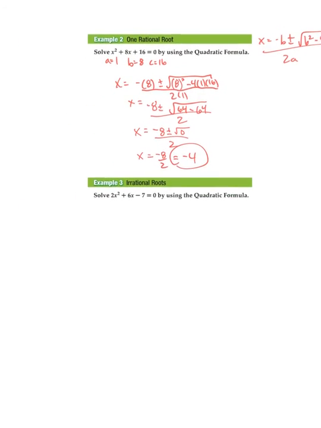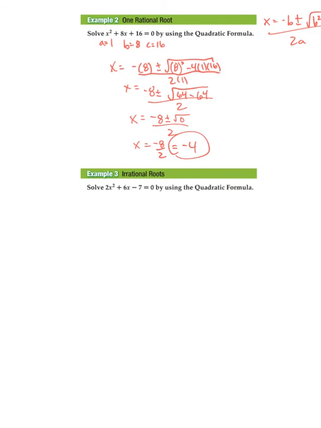Here we've got an example with irrational roots, so we should have two roots here, both irrational. Let me take you through this one. It is equal to 0, so a is 2, b is 6, c is negative 7.